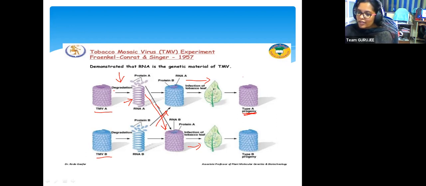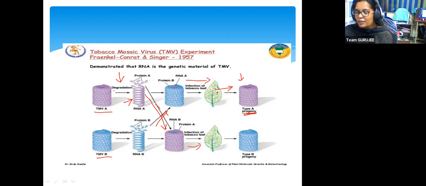So after infection there will be more viruses here. After viewing the cells, they found that both protein and RNA were the original form of TMV. See, they allowed it to infect with protein B and RNA A.